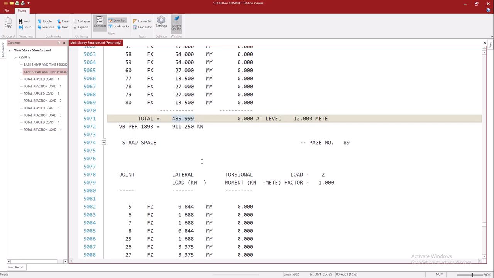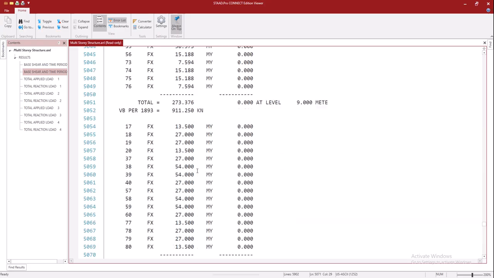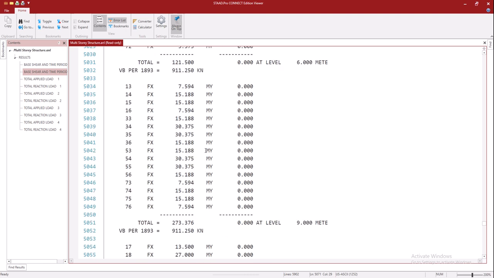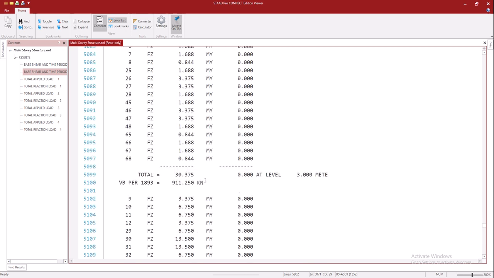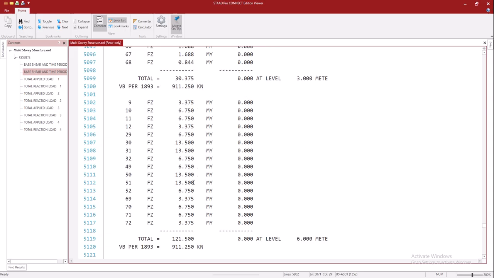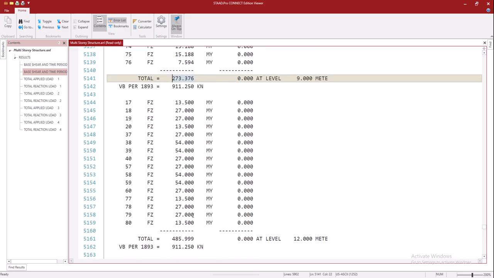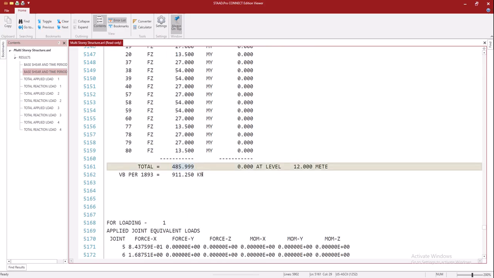So these are the floor level distribution of the lateral forces for the structure. In X direction it is, and similarly in the Z direction we have taken, it is also showing similar values, 121 and 273 and 485, right?